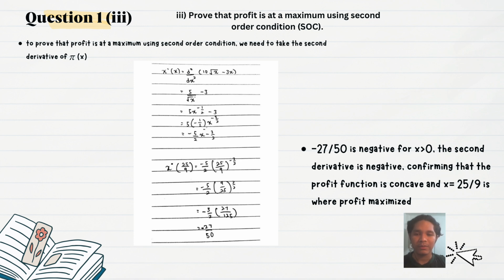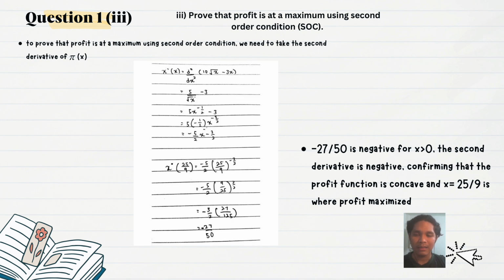This simplifies to negative 5 over 2 times 9 over 25 raised to the power of 3 over 2. Raising 9 over 25 to the power of 3 over 2, we get 9 over 25 raised to the power of 1 and a half. This further simplifies to 27 over 125, multiplied by negative 5 over 2.